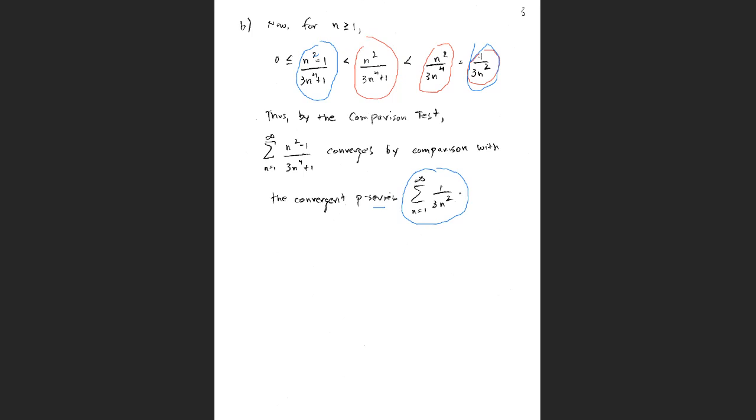Our series, which is smaller, the series where n equals 1 to infinity of n squared minus 1 over 3n to the 4th plus 1, has to converge. Are there any questions on that? Okay, so that's using the comparison test.